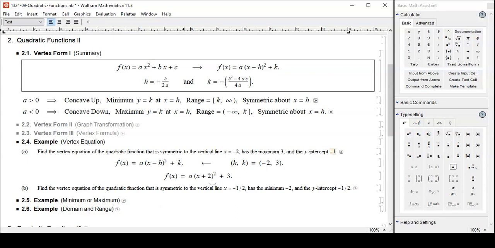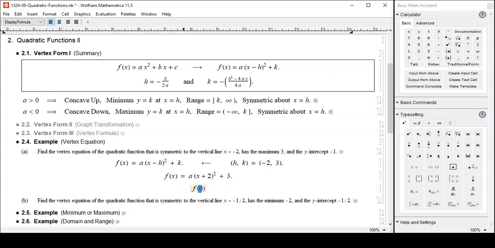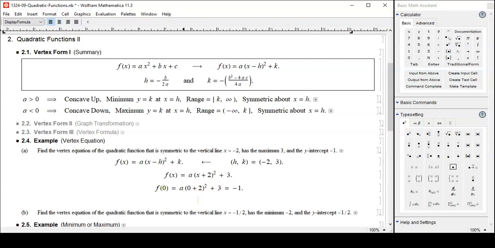How do we find the y-intercept? We have to plug in x equals 0, right? a times (0 plus 2) squared plus 3, and that has to be negative 1. And from here we can find the a value. Make sense? 2 squared is 4, so 4a plus 3 equals negative 1.